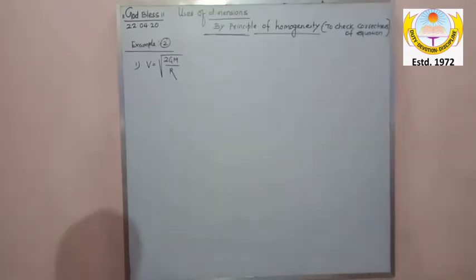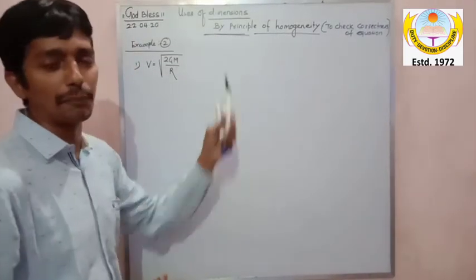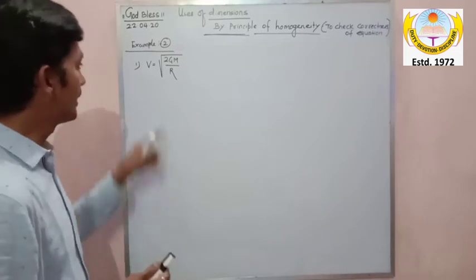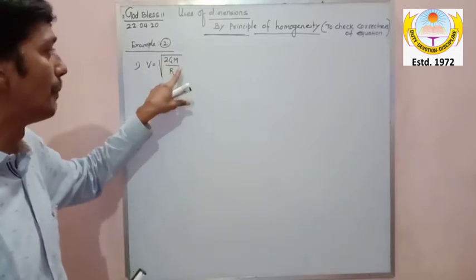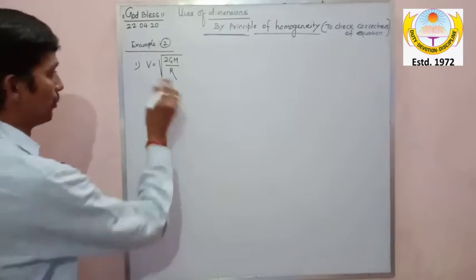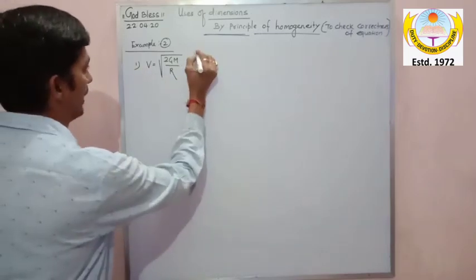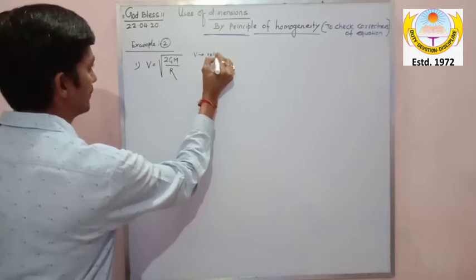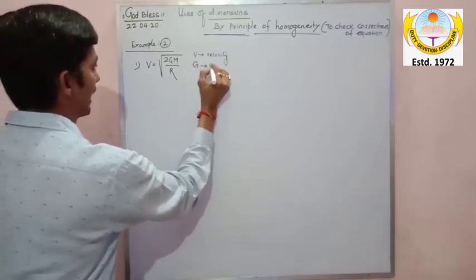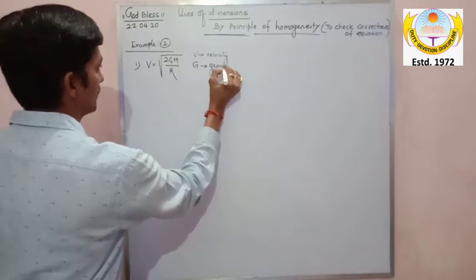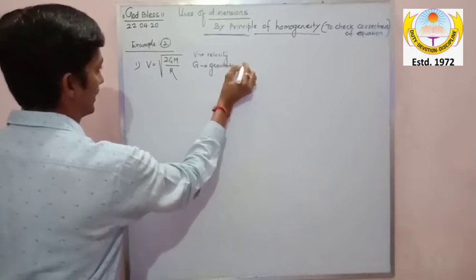Now look at the next example on the basis of principle of homogeneity. The question is V is equal to under root 2Gm by R. Here, my dear, you should know which quantity is what. Here V is velocity, G is gravitational constant, M is mass of earth, and R is the radius of earth.